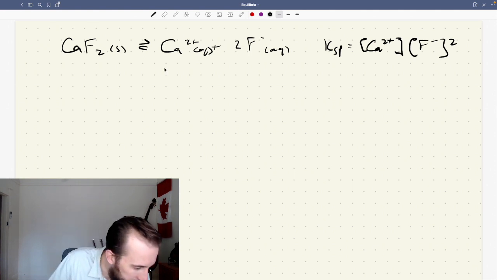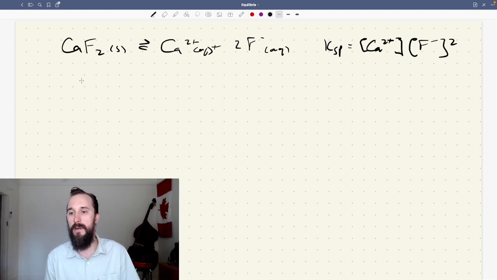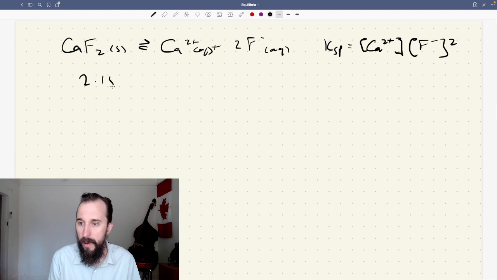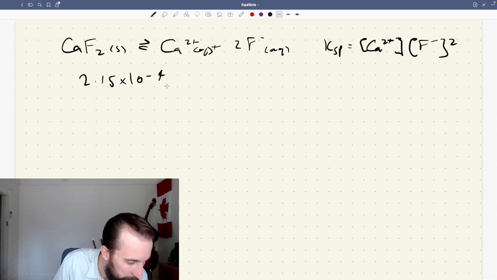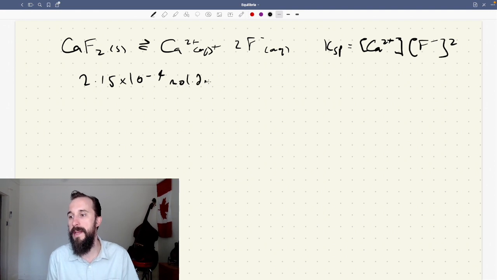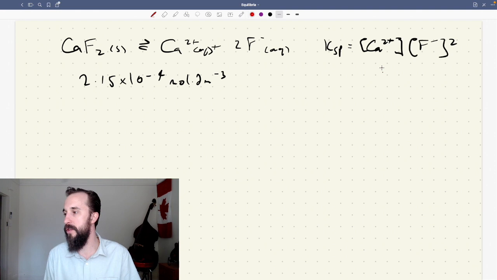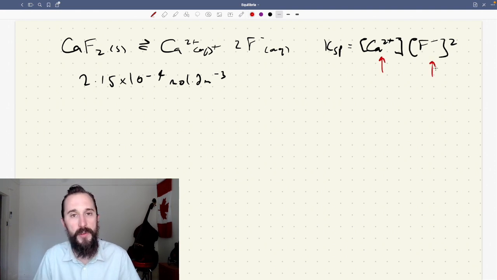All right, now what were we given? We were told that calcium fluoride has a solubility of 2.15 times 10 to the minus 4 moles per decimeter cubed. So we can use some simple stoichiometry to work out the concentrations of those two there, and then we can just plug them in.